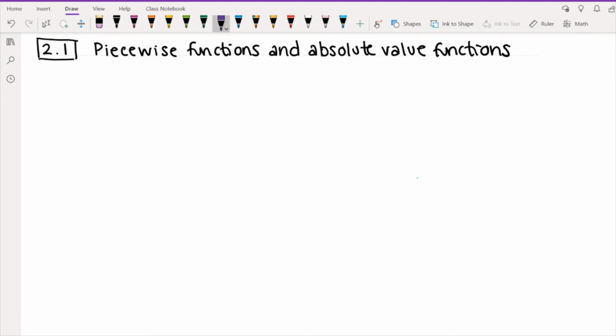So remember that in the last video, we saw that functions can be determined by a formula, right? We saw tables, formulas, and we also mentioned graphs. But we focused a lot on functions described by formulas.